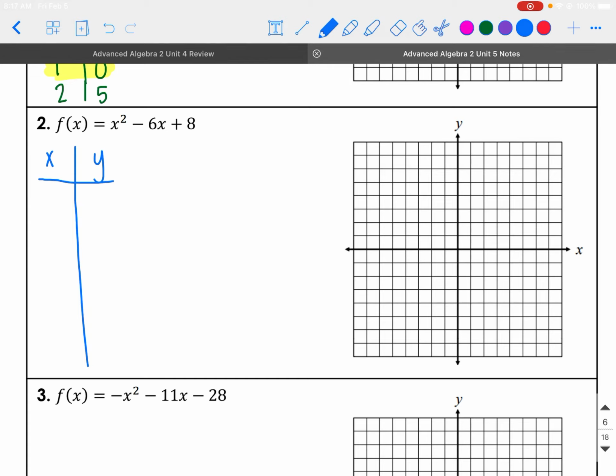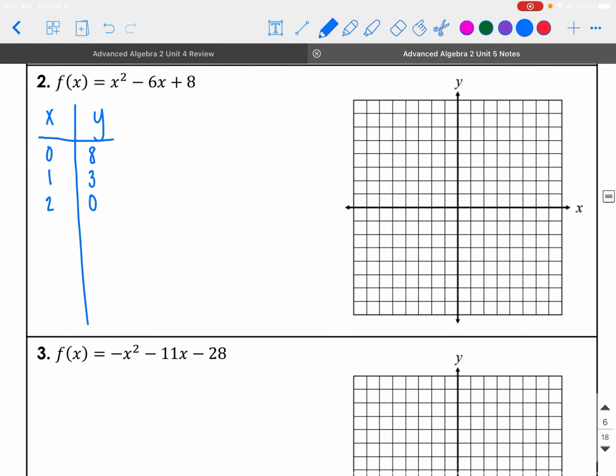So we start with 0, 8; 1, 3; 2, 0; 3, negative 1; 4, 0; 5, 3; and 6, 8. That's all that will fit on this graph.